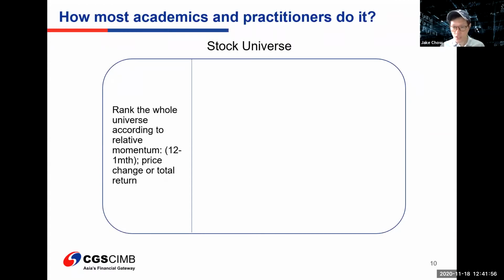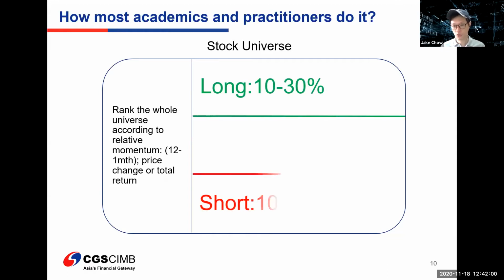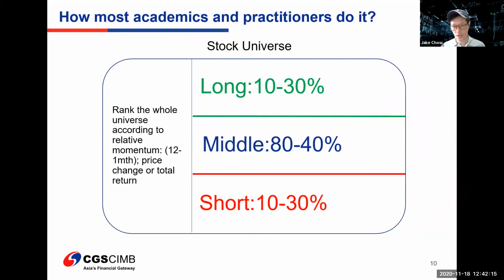They use this to generate signals to create a long-short portfolio, to run backtests or to create portfolios in real life. Usually they long the top 10 to 30% and short the bottom 10 to 30%, depending on the size of the universe. And in the middle, there's 40 to 80% of it that you don't touch.